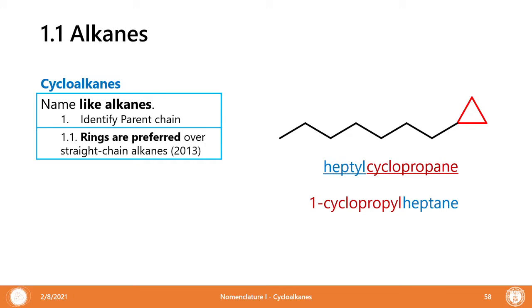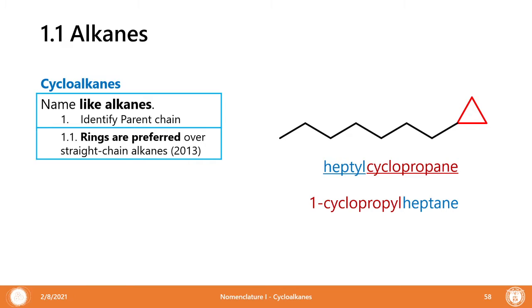And in much the same as all names, there are some rules with regards to choosing the parent name. In this case, cyclopropane has a higher priority over the straight chain alkane regardless of the length. Okay. Rings are preferred over straight chain alkanes.